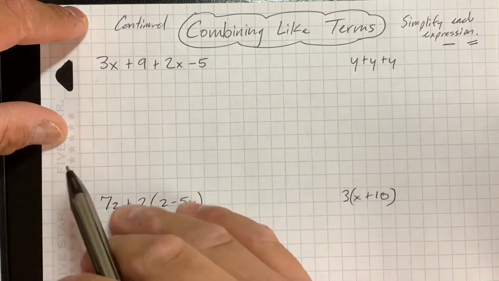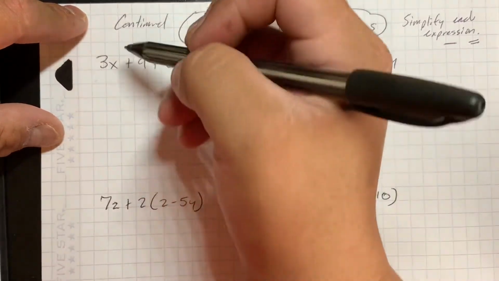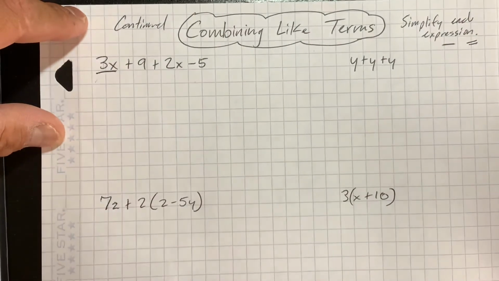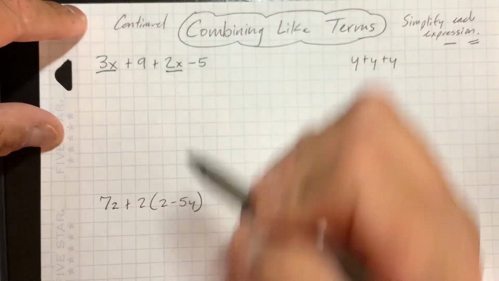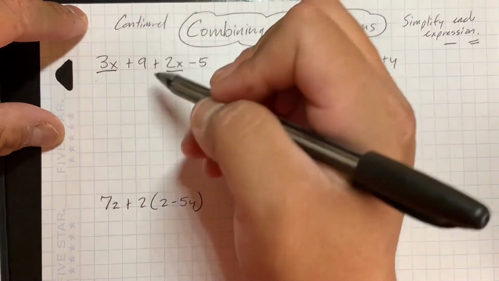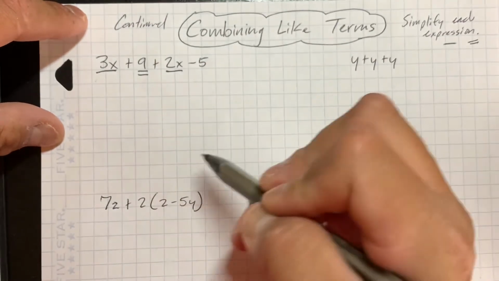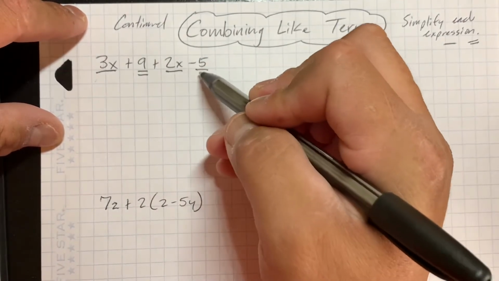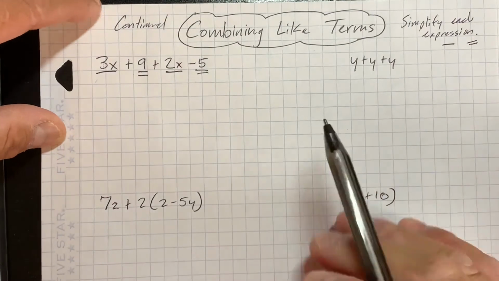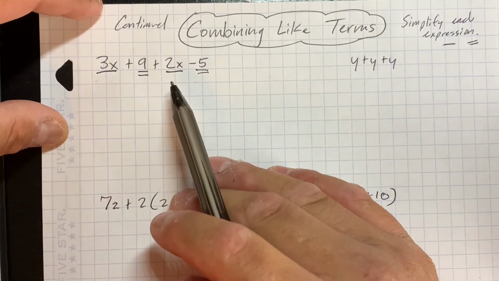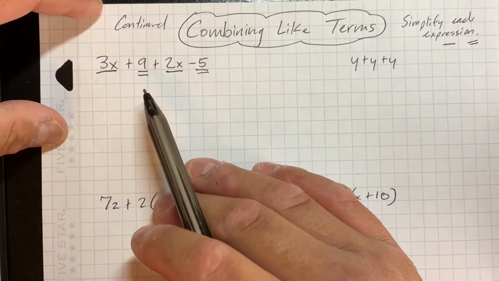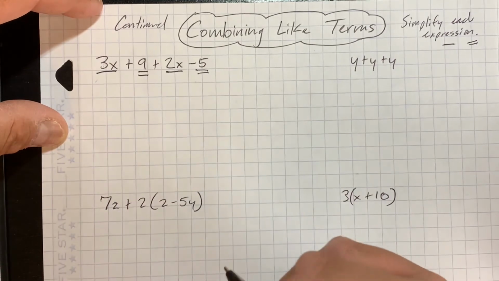Okay, so we have 3x here. So 3x, what looks the same as 3x? Well, 2x. So we have a 9 here. What looks the same as 9? Well, there's negative 5. Okay, so we're combining like terms. So 3x and 2x are like terms, and 9 and negative 5 are also like terms.